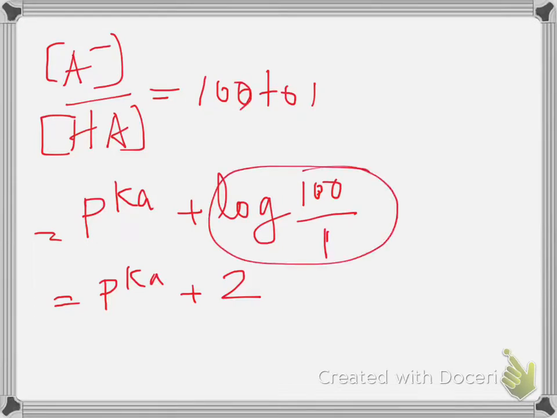Log 100 by 1 equals 2, because log 100 is 2 and log 1 is 0. So pH equals pKa plus 2.